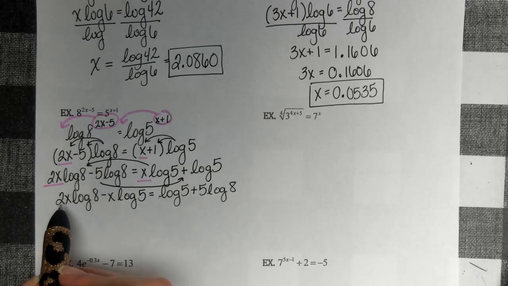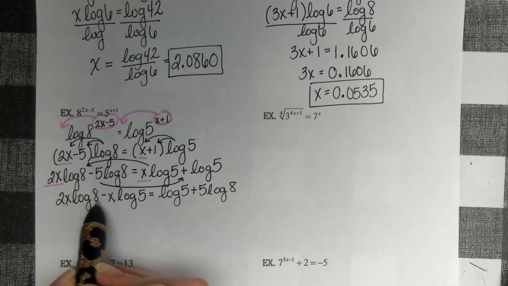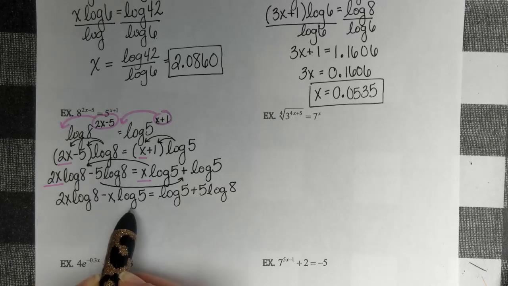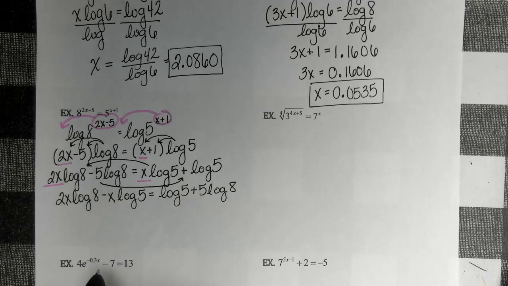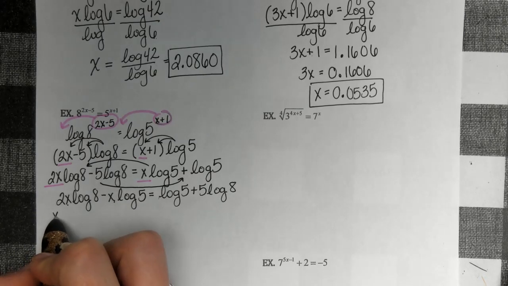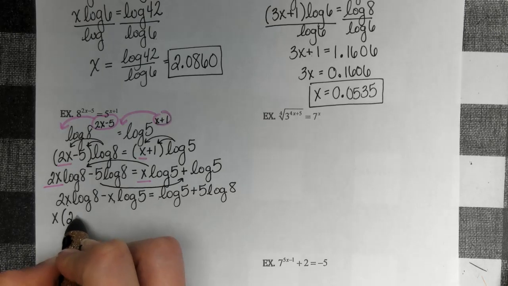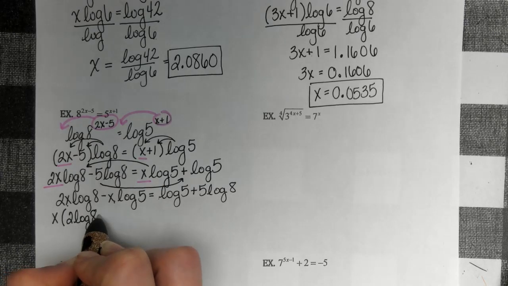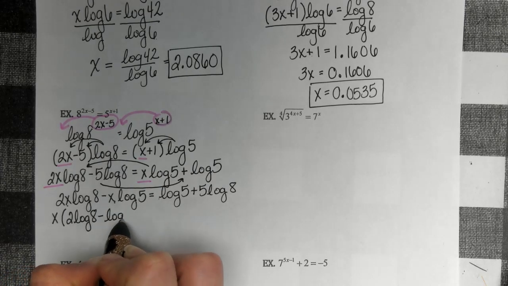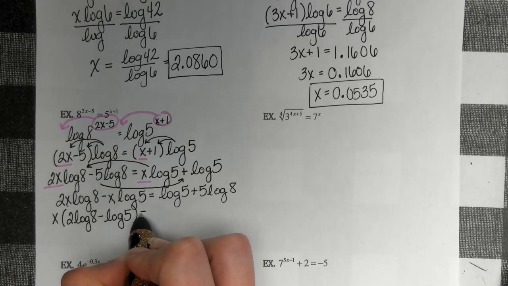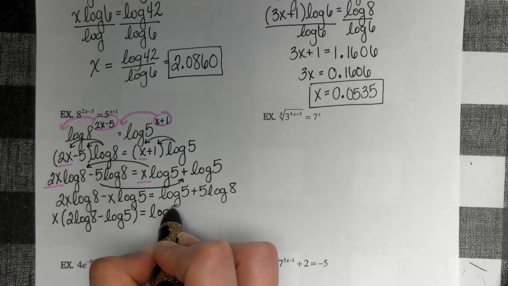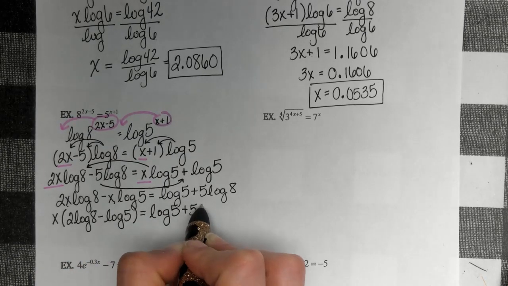Now, I've got an x in this and an x in this, but they're not the same log, so I can't combine them. What can I do? I can take out this x as a GCF, right? I can factor it out, and that leaves me with 2 log of 8 minus log of 5 equal to my log of 5 plus 5 log of 8.